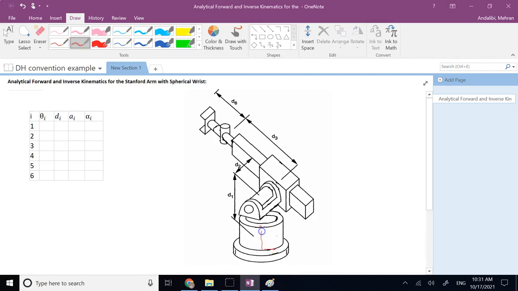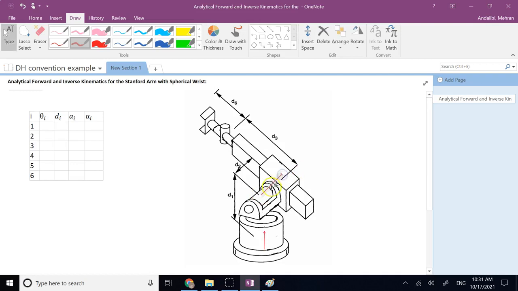So it is going to look like this. So that's z0. Then we go to z1, and z1 is going to be along this axis here. So this is going to be z1, right?